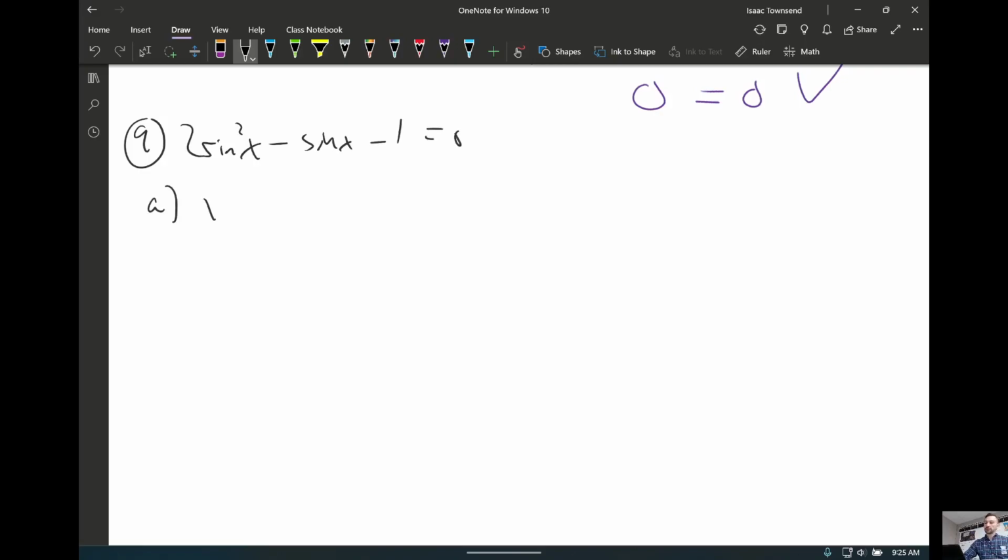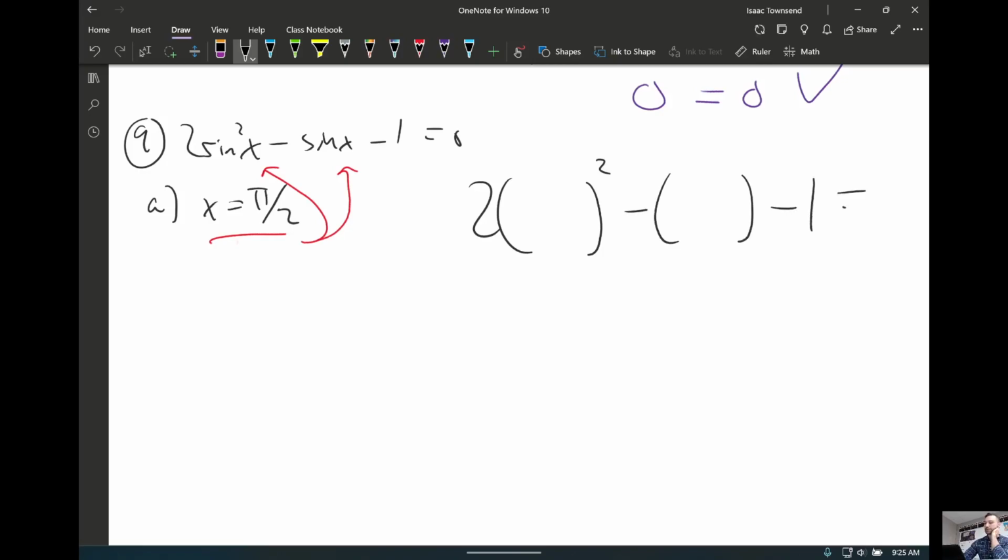So the first part is they want you to check pi over 2. So what did you do with that pi over 2? Plug in the x. Okay, so it needs to go in this x and this x. So you're going to get 2 times the sine of pi over 2 squared minus the sine of pi over 2 minus 1. So what is the sine of pi over 2?